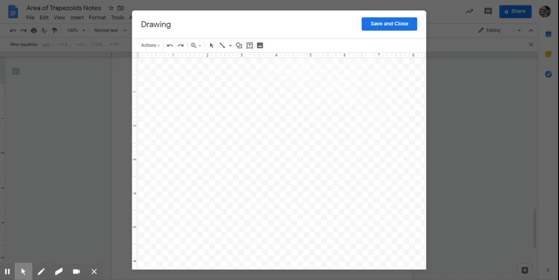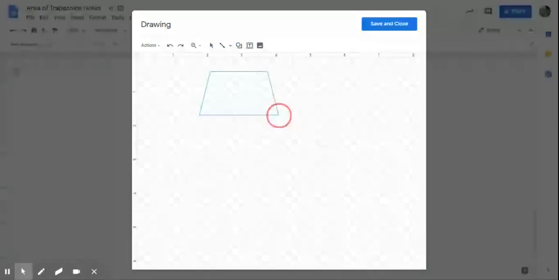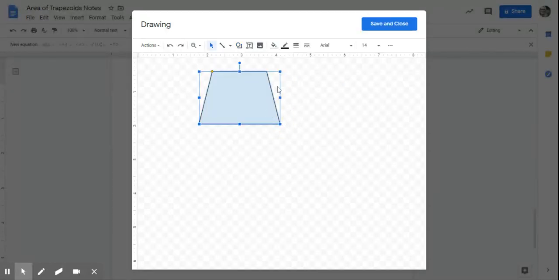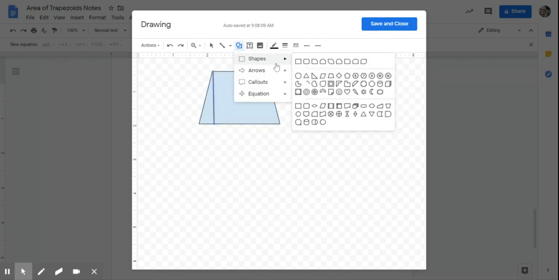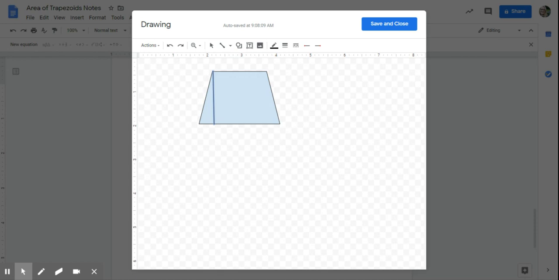There's the trapezoid. Let's make him a little taller this time. And I'm just going to do my height real quick. So I've drawn my trapezoid. Here's my height. And I'm going to put my little square so I know that this is truly the height. And let's label this.